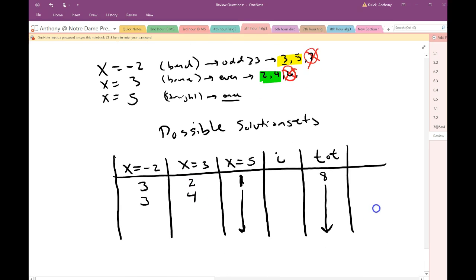Everybody agree with that? Or if x minus 2 is used 5 times, x equals 3 could be used 2 times, or 4 times. Everybody okay with how I did that?